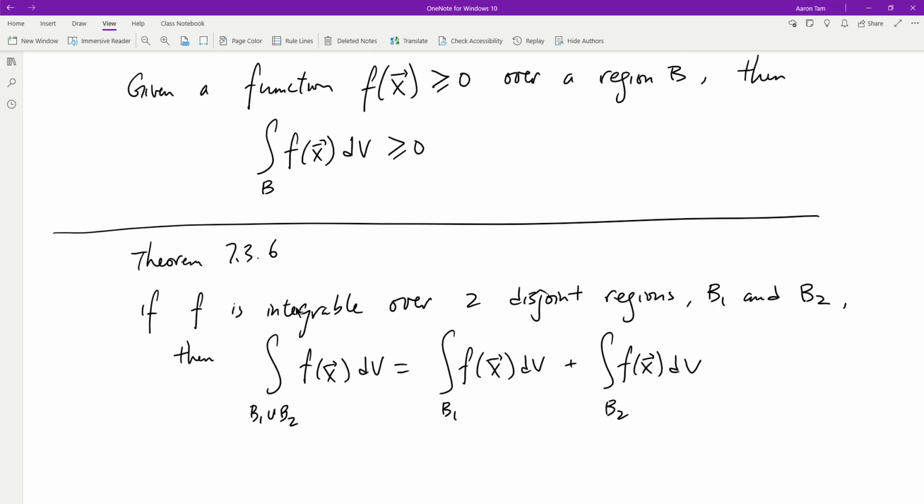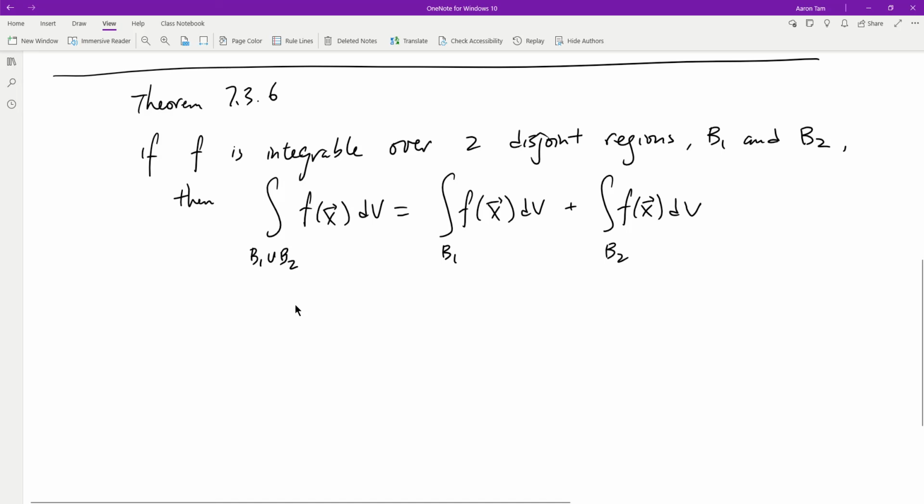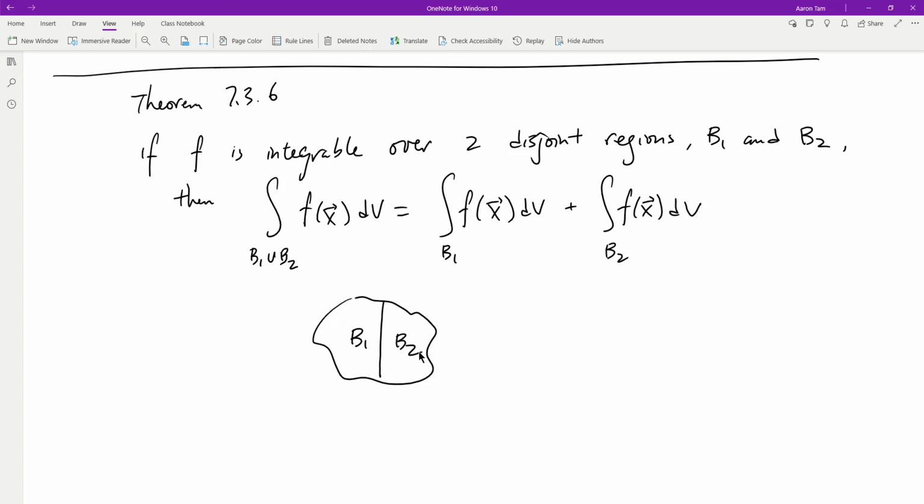If you think about it, that makes perfect sense from a geometrical standpoint. If you have a region B that's split into two, and you want to find the volume over these regions, that just means you are splitting the solid into two pieces. But when you combine them, you still get the same exact volume. So that's pretty obvious.